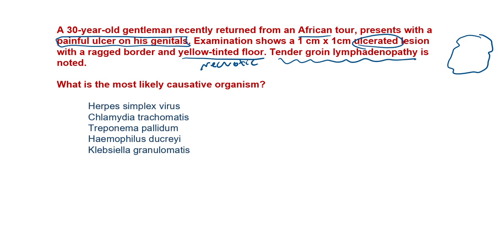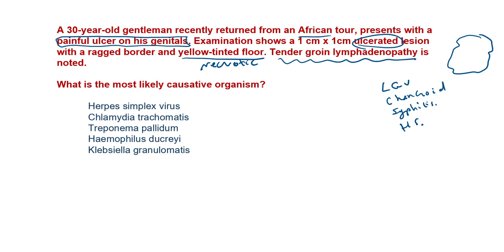So I'm thinking of one of the causes of sexually transmitted genital ulcer. So I'm thinking about lymphogranuloma venereum, I'm thinking about chancroid, thinking about syphilis, or herpes.